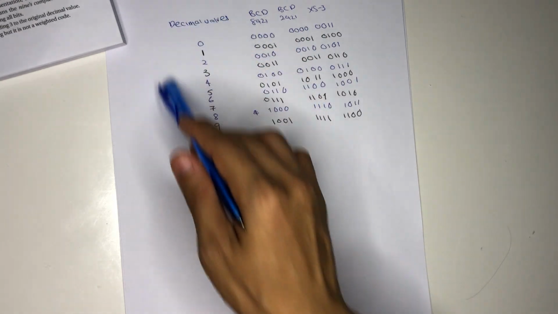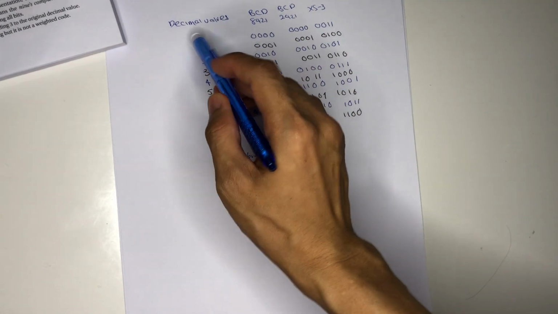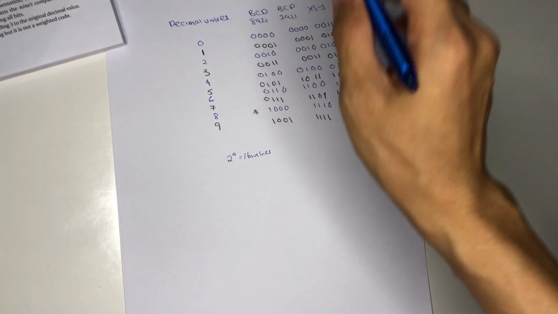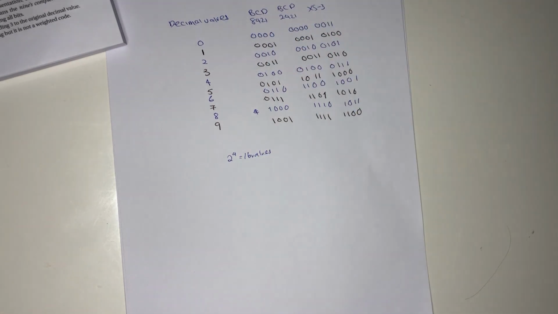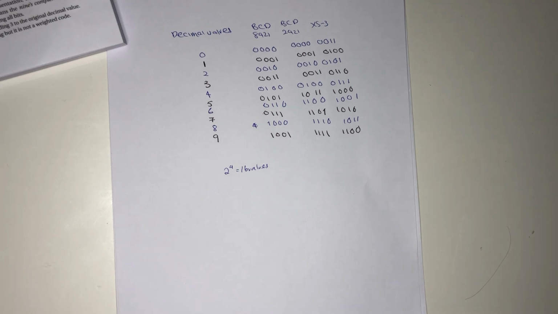Let me discuss how we get this BCD 8421, BCD 2421 and excess 3 code with respect to the decimal values. Let us consider the first one. The BCD 8421 is so widely used, it's simply referred to as BCD code.